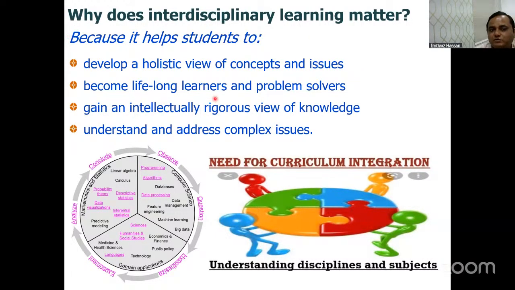So to develop a holistic view, a person should have an interdisciplinary approach. They can get much easier learning in comparison to a single subject. It also makes you a lifelong learner and problem solver. Then it gains intellectual rigor with a view of the knowledge, to understand and address complex issues.